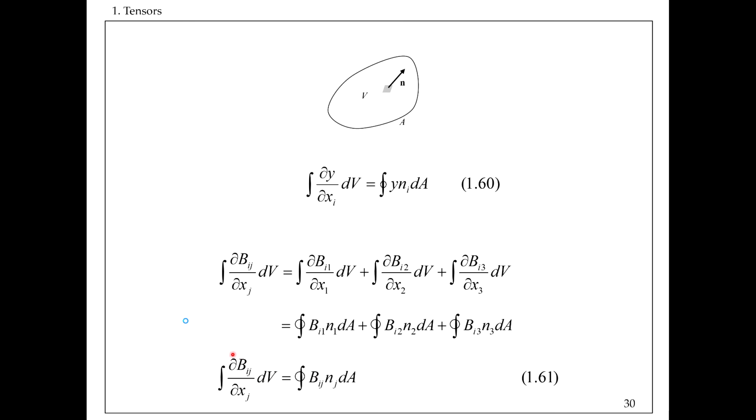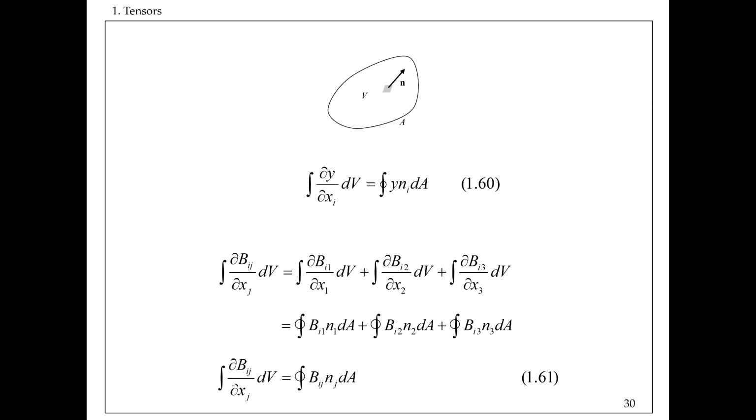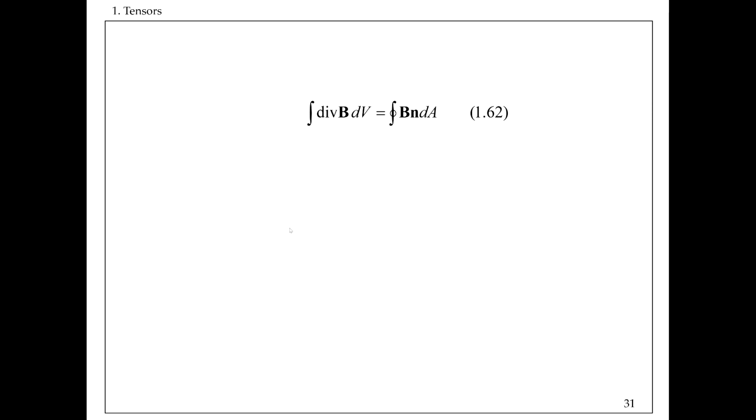And so this is again in terms of components. So what we will do next is write it formally in terms of tensors. So we had that divergence component of Bij. Now we write this divergence B dV.